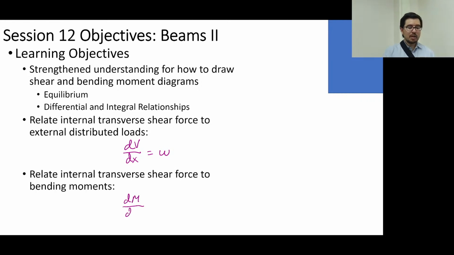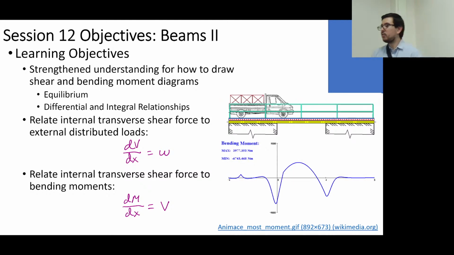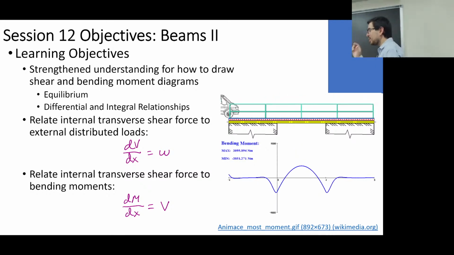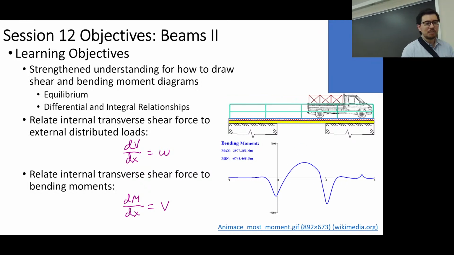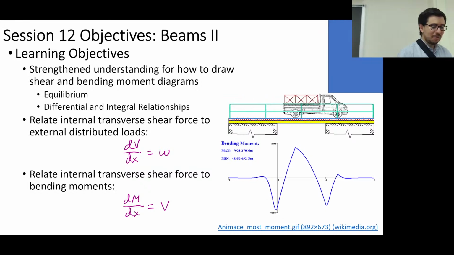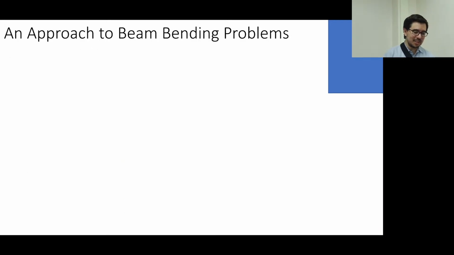Last time we talked about dV/dx equals w, and dM/dx equals V. I saw in the GroupMe that one of the multiple choice questions may have had an error, so I need to go back and take a look at that. But these are the appropriate relationships.